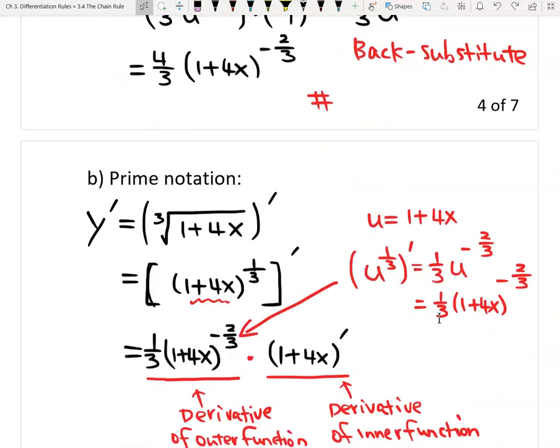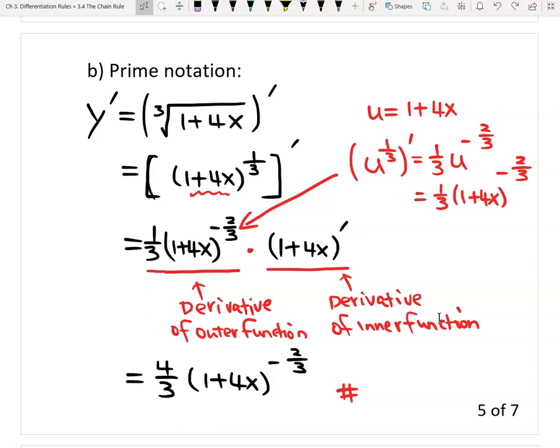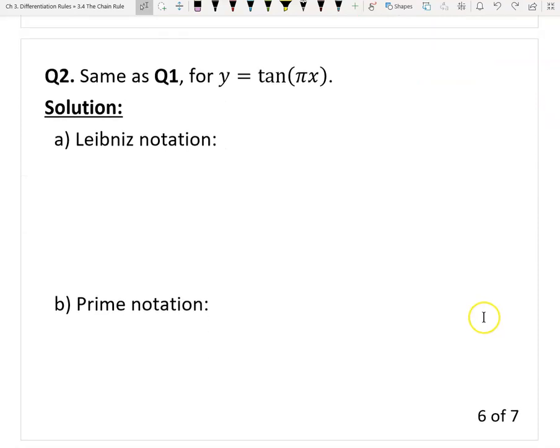However, prime notation is much more convenient for a complicated composition. That's the reason why prime notation is the most popular notation so far. Keep in mind we are going to use the prime notation for most of the questions in the future. We have another 2 questions to practice.